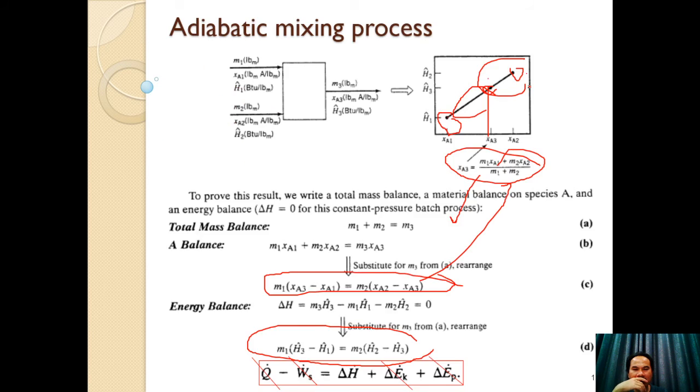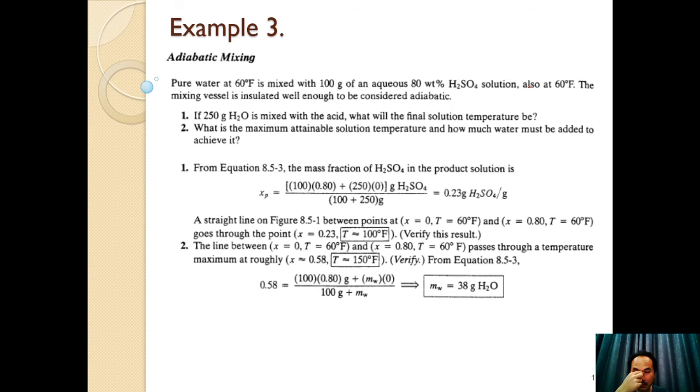M1 is feed 1, that is 100 gram. XA1 is 0.8. M2 is 250, and there is no acid in it. Zero fraction, divided by total. XP equal to 0.23 sulfuric acid per gram.